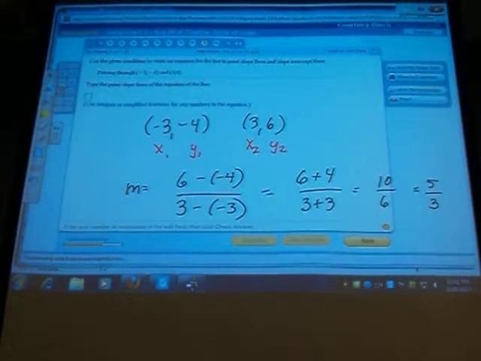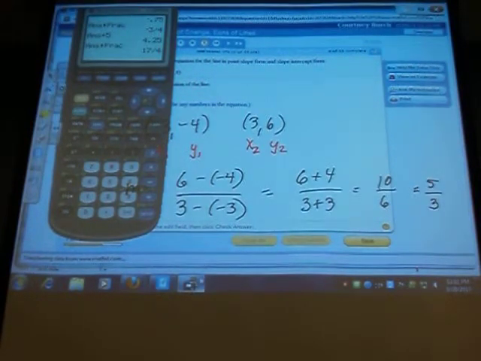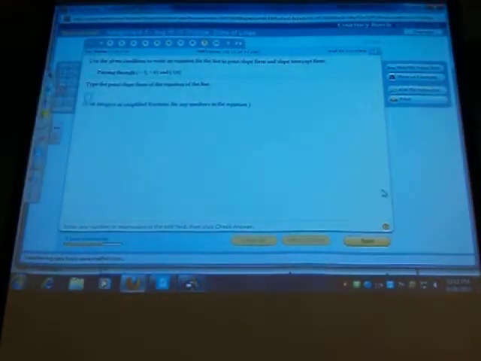Okay? Now, if you're trying to reduce a fraction and you can't figure out how, another neat trick with a calculator is if you just punch in that fraction and hit enter.